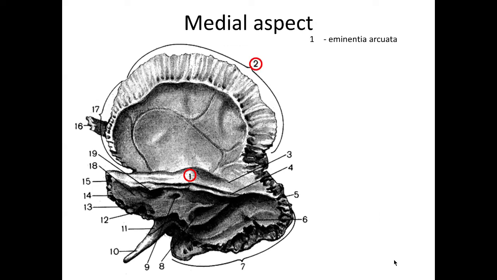Then what can we designate as number 2? Margo parietalis of pars squamosa. So this part of the bone is connecting with the parietal bone. That's why margo parietalis.